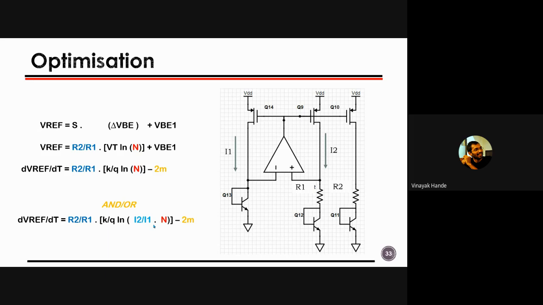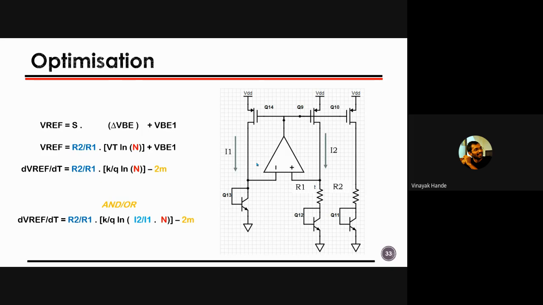But generally it is not preferred because it creates a problem of systematic mismatch between these two transistors, right? Because the moment you are changing the current, you are changing a lot of things in the small signal domain as well. You are changing the small signal resistance, right? That is the primary concern while selecting the loop.